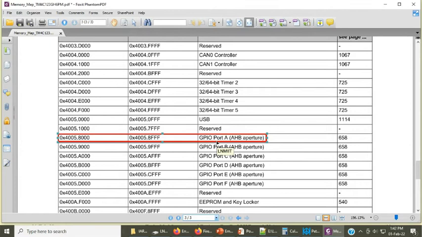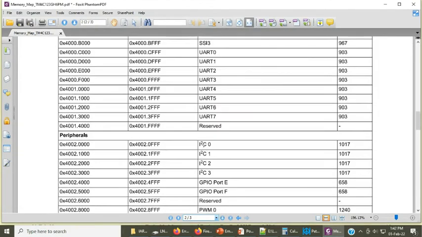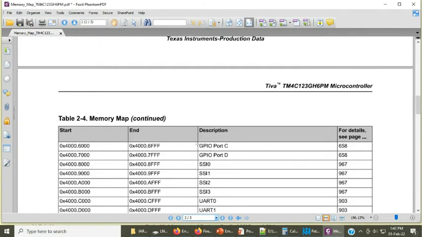So there is one port A, but there are two addresses for that. One starting address is 4000, another starting address is 4005 8000. So this is the second question now. The first question is why we need 4 KB of memory for an 8-bit port.